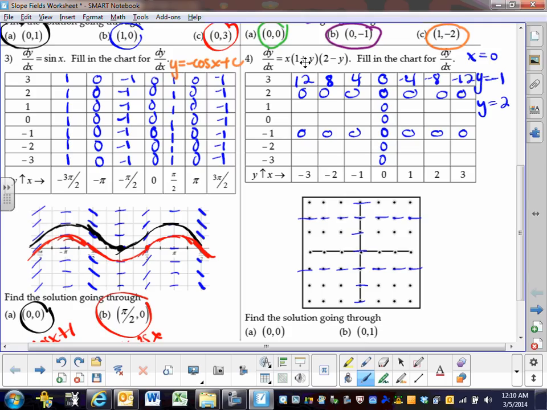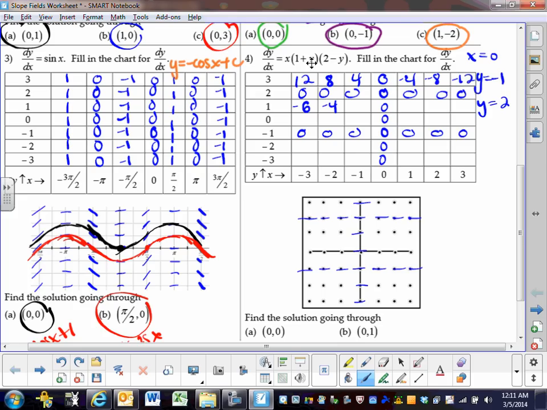If y is 1 and x is negative 3, we'll have negative 3 times 2, negative 6 times 1. And so we get negative 6. Negative 2 times 2 is negative 4 times 1.